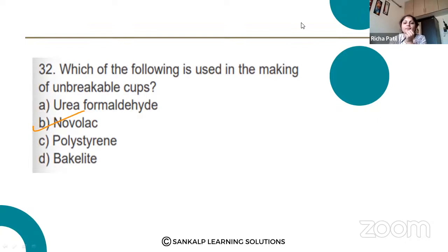Which of the following is used in the making of unbreakable cups? Yes, it is A, urea formaldehyde. Okay, urea formaldehyde. Good. Okay, so we'll go for the next one.